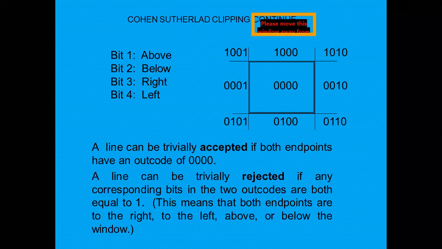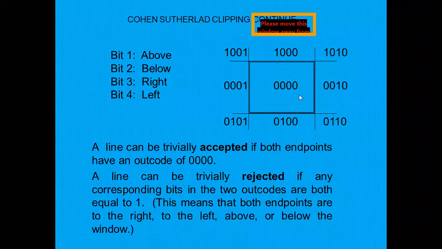In the Cohen-Sutherland clipping algorithm, first he draws the window, then he extends all the sides of the window and divides it into the 9 regions. Now, how is he going to define the different sets of the 4 bits? You can see this is the center part of the window.